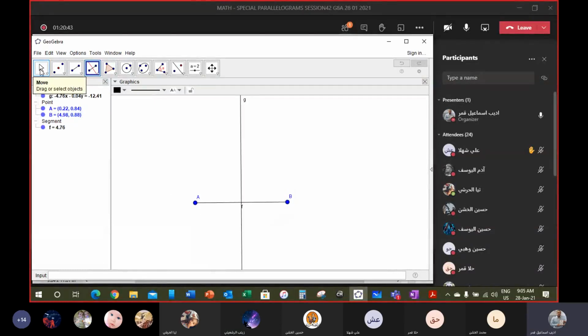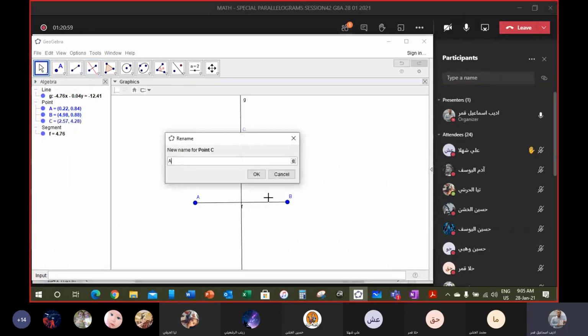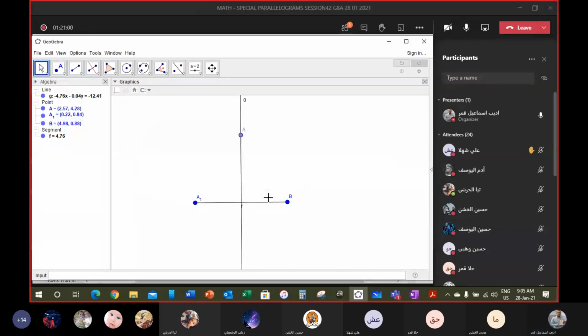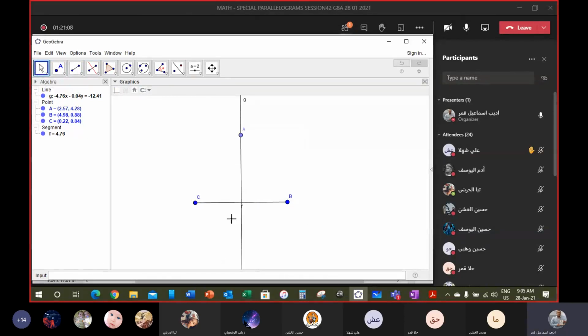Then we take any point on the perpendicular bisector. Okay, and now we rename them. This is point A. This is point B. This is point C. ABC is an isosceles triangle.